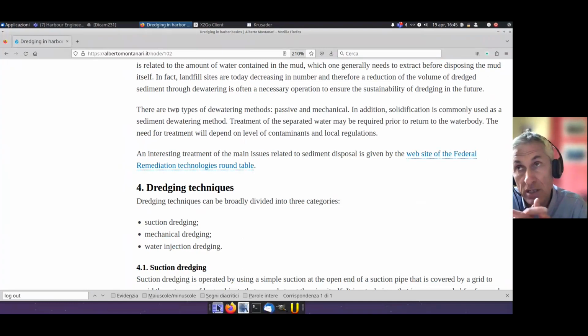Mechanical is done with the help of mechanical forcing in order to make the removal of water faster. Solidification is also commonly used as a sediment dewatering method.